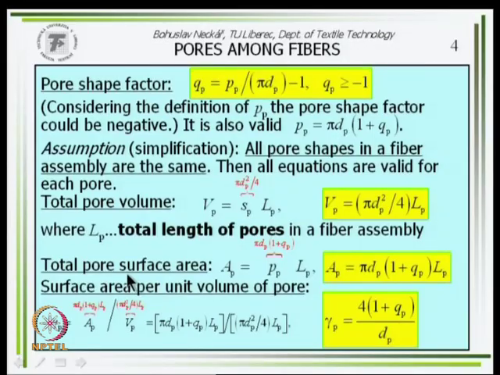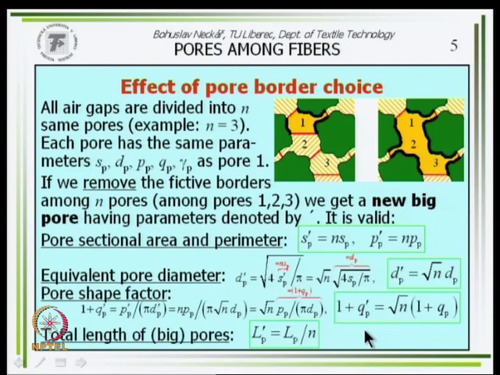Well, total pore surface area is perimeter times length. Surface area per unit volume of pore, this gamma P, is AP by VP, and using equations derived on the place of AP and the place of VP, which is shown here in red, after rearranging we obtain gamma P in such form.